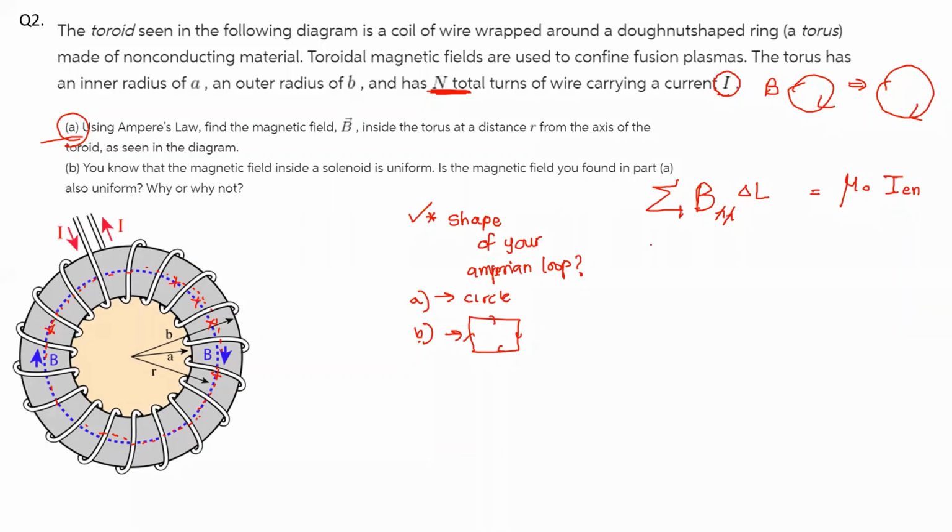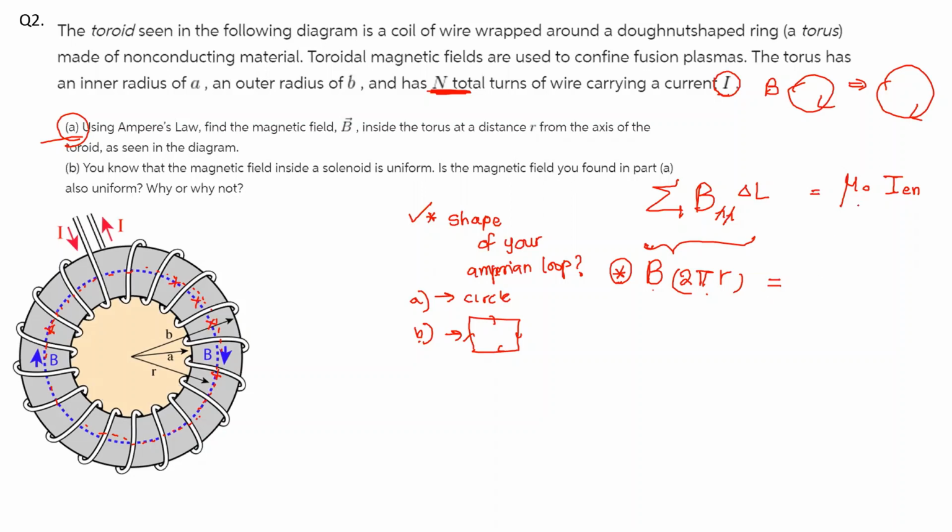So what I can write is B times 2 pi r, because we are going around a circle. This term is very common. Once you do a few problems, you will see that these problems are very similar.